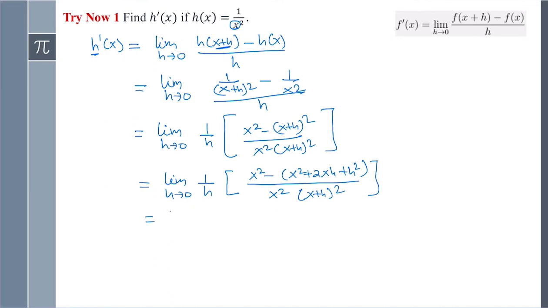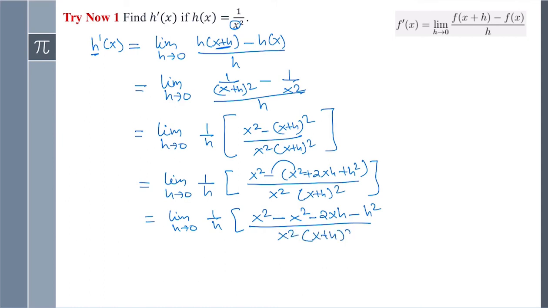So the limit as h approaches 0, 1 over h, x squared minus, sorry, I forgot to distribute the negative. When you distribute the negative, you get x squared minus 2xh minus h squared, everything divided by x squared times x plus h squared.